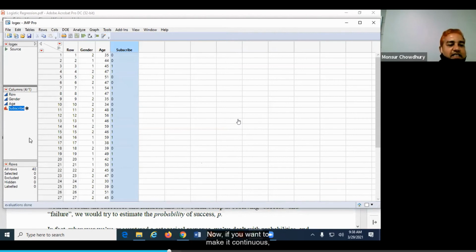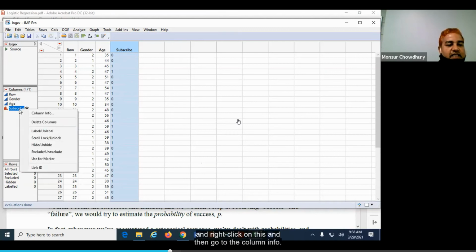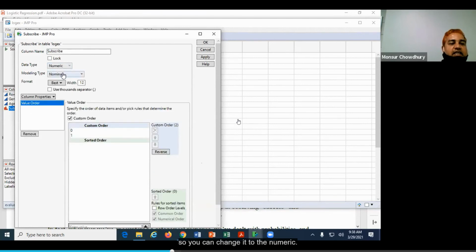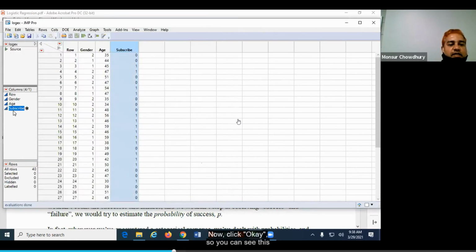To make it continuous, right click on the variable and go to column info. The data type is character, so you can change it to numeric, and the modeling type is nominal, so you can change it to continuous. Click OK, and you can see this becomes a continuous response variable.